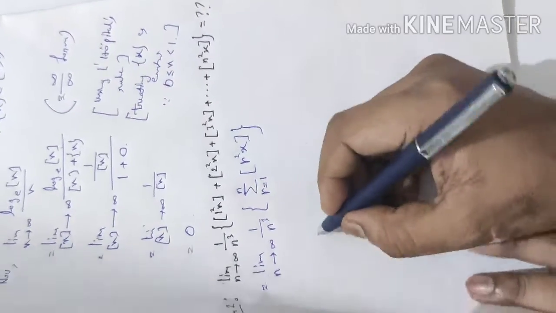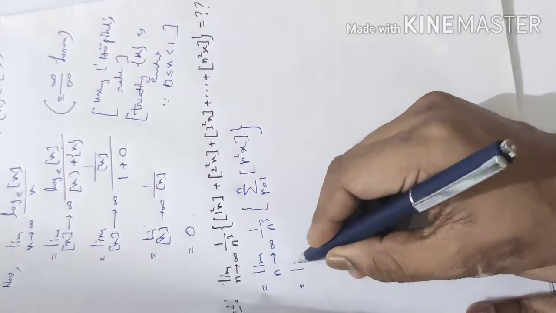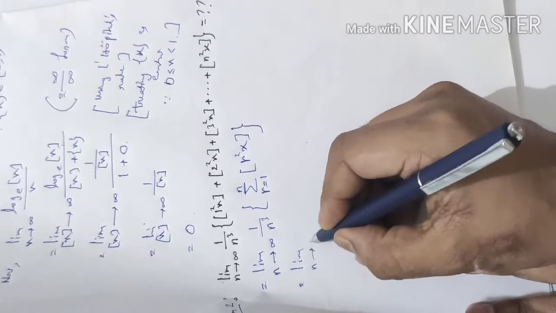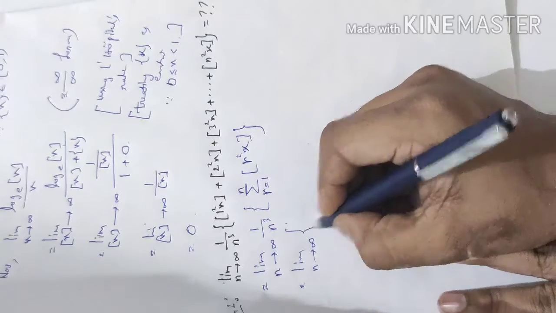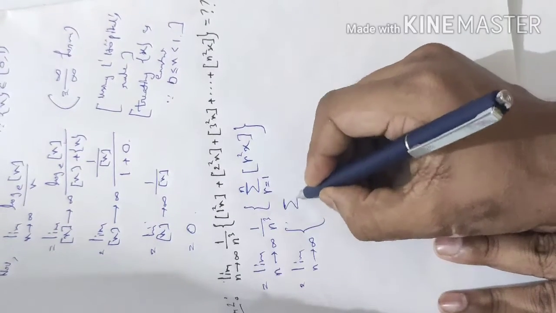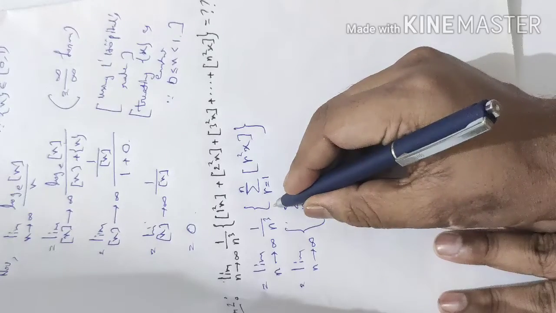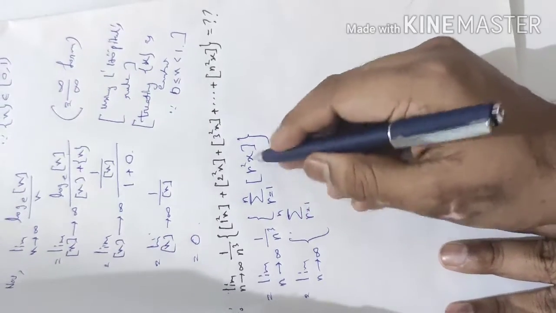Okay, this is equal to limit n tending to infinity of 1 by n cube summation r is equal to 1 to n of the value of this.